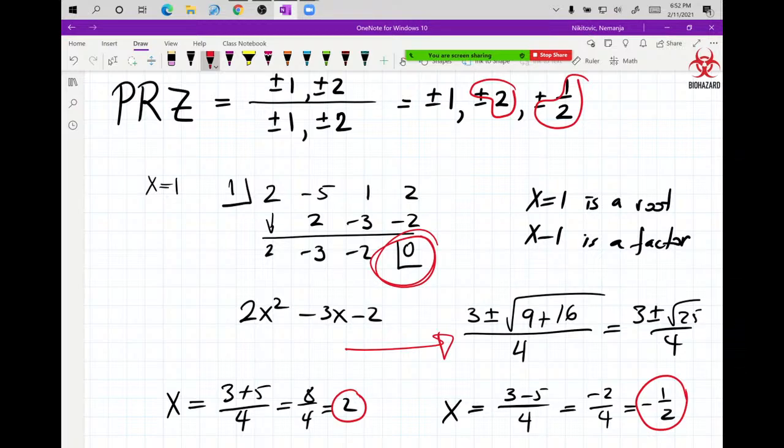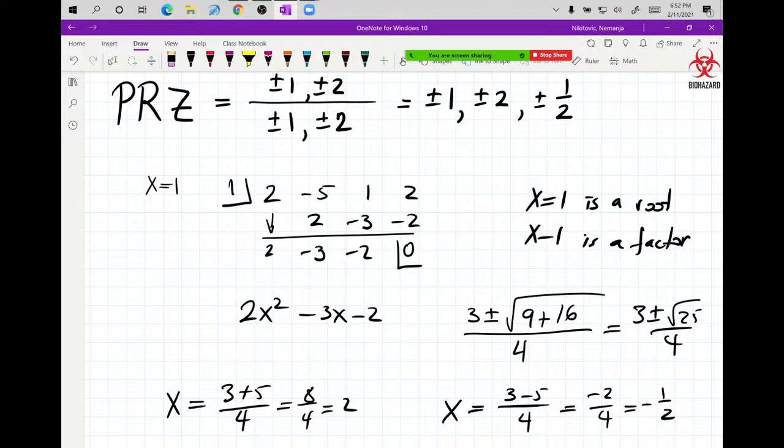Because guys, those 2 last roots don't have to be real numbers. This is not going to detect complex roots, where the quadratic will, right? So right now we're just lucky that we had all 3 real answers. But you could have had 1 real and 2 imaginary answers, complex answers.